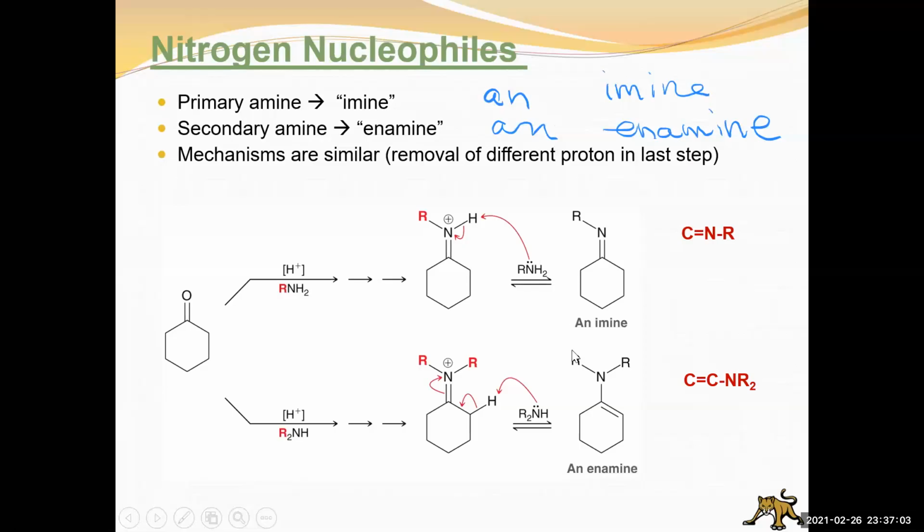So on this slide, this graphic that's from your book is just trying to illustrate they're the same until you get to the very end where you're taking off that last proton. And it's trying to emphasize what's different about the last proton removal.